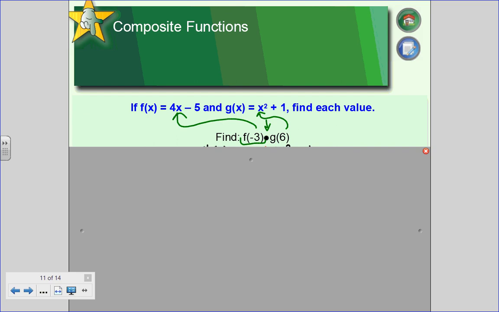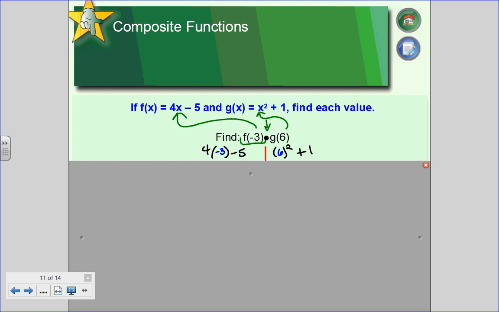So for f's function, we replace the x with negative 3. I missed the negative when I was speaking. So it is 4 times negative 3 minus 5. And g's function was x squared plus 1. In g's function, I'm replacing x with 6. So 6 squared plus 1.